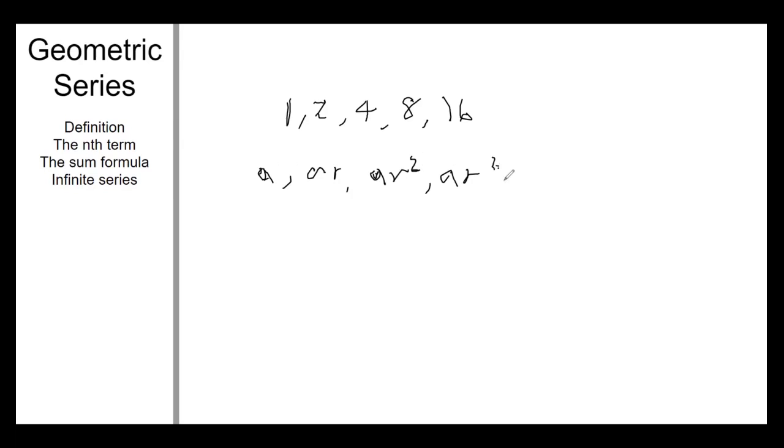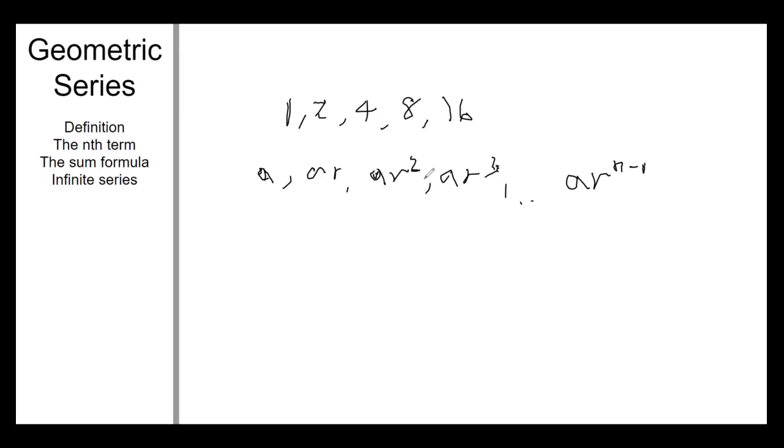The nth term, very similar to an arithmetic series, is just a times r to the n minus 1. Very simple. The sum formula for geometric series is a little bit different, since these terms, AR squared and so on, are different powers of r, so you can't just directly add them.